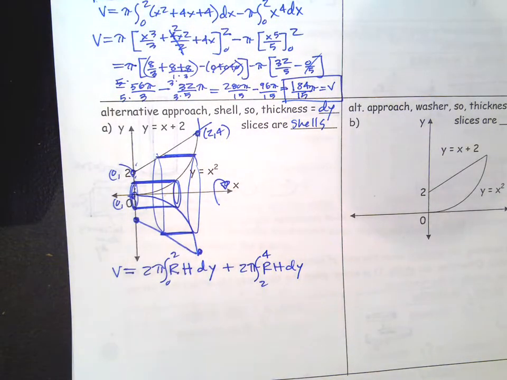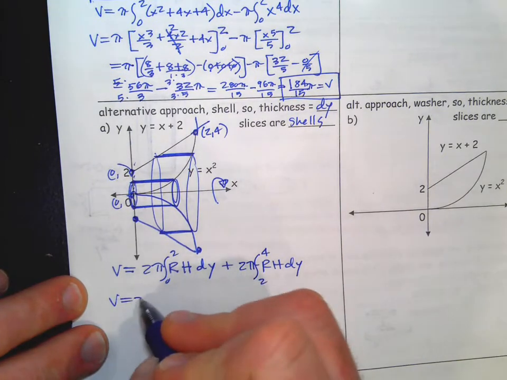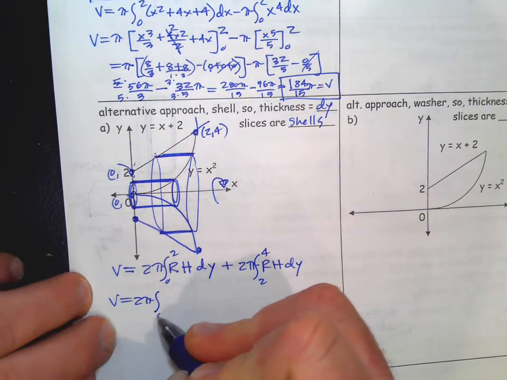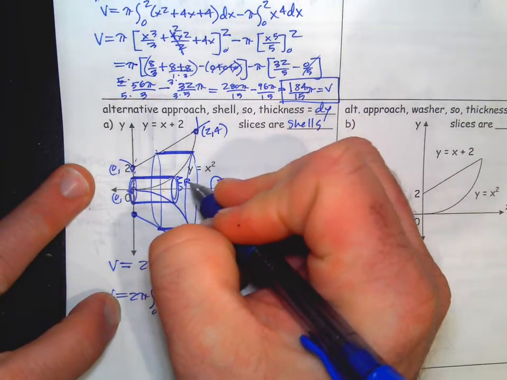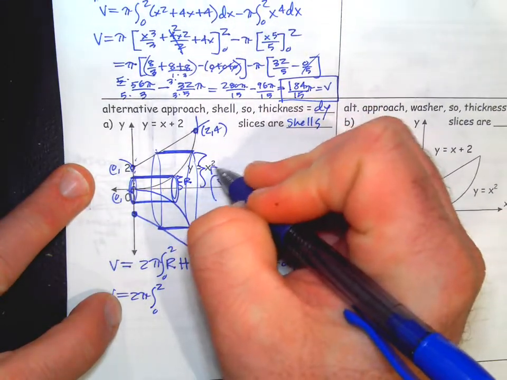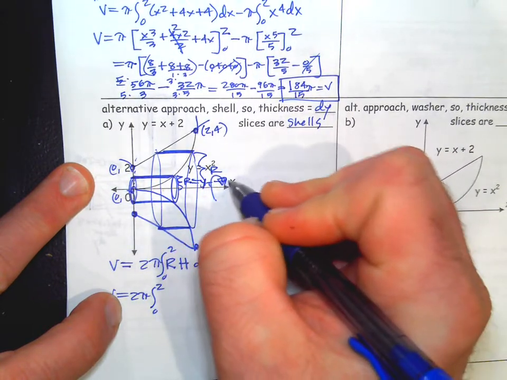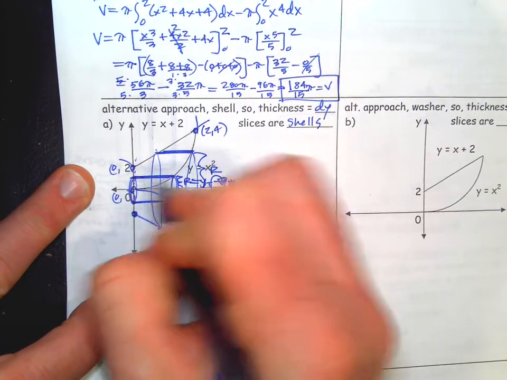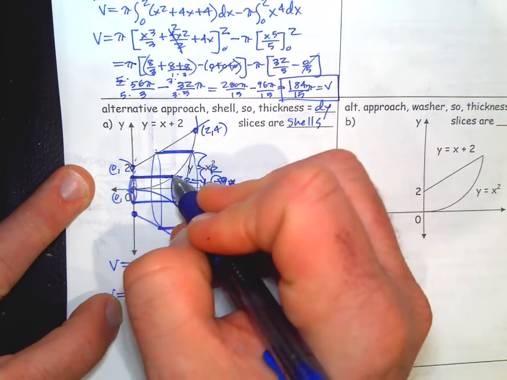Now, this is potentially the most confusing part. How do we find these dimensions? Okay? So the radius of the shell is this. This is the radius of the shell. And the radius of the shell is y top minus y bottom for both of these, but this is what's happening right here. It is not connected to the curves. Is it this curve, this curve, this curve?